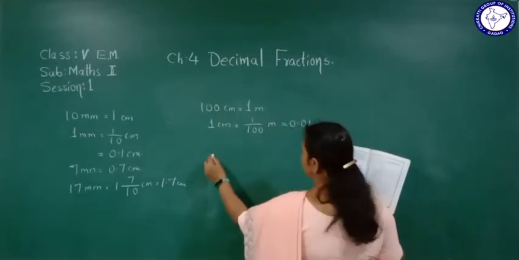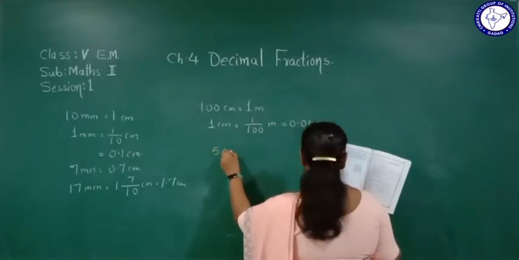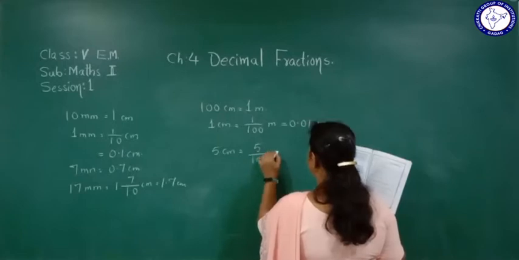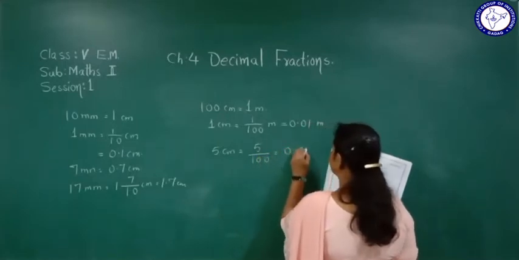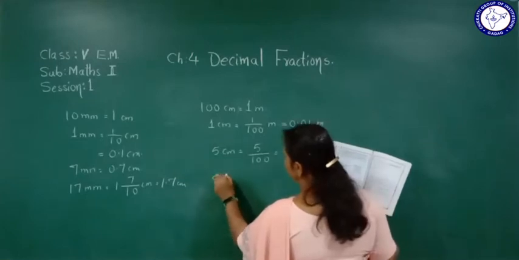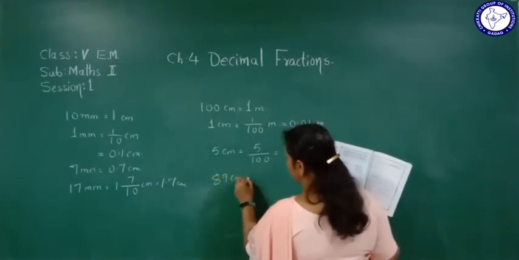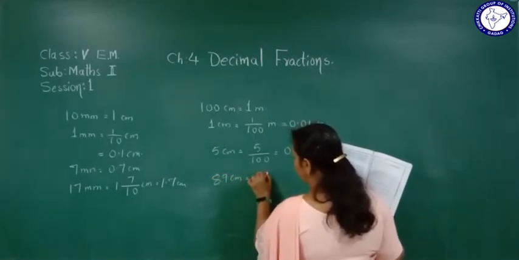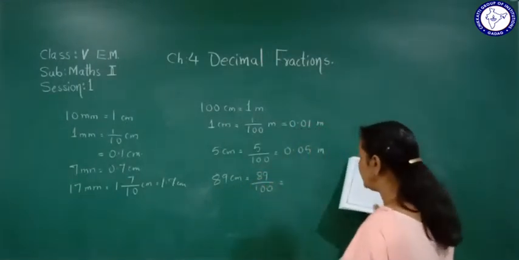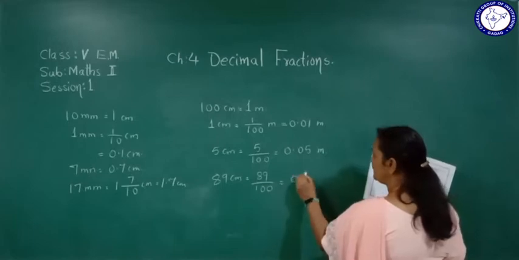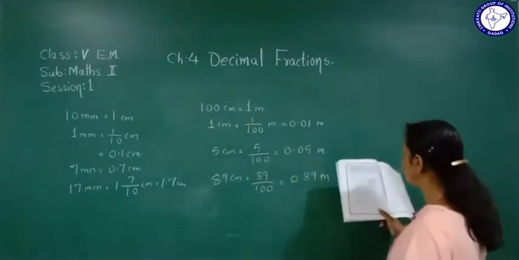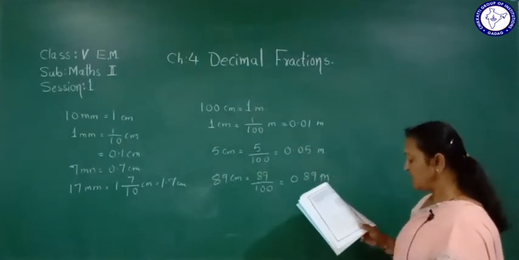Same here, if it is 5 centimeter, we write 5 by 100, which equals 0.05 meter. If it is 89 centimeter, then 89 by 100, and this is how we write it in decimal: 0.89 meter.